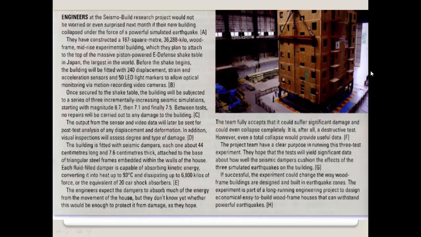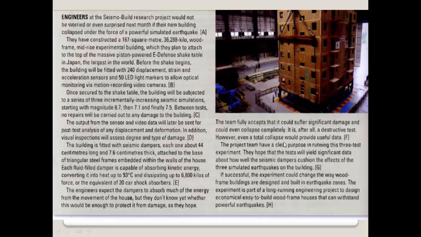The engineers expect the dampers to absorb much of the energy from the movement of the house, but they don't know yet whether this would be enough to protect it from damage as they hope. The team fully accepts that it could suffer significant damage and could even collapse completely. It is, after all, a destructive test.